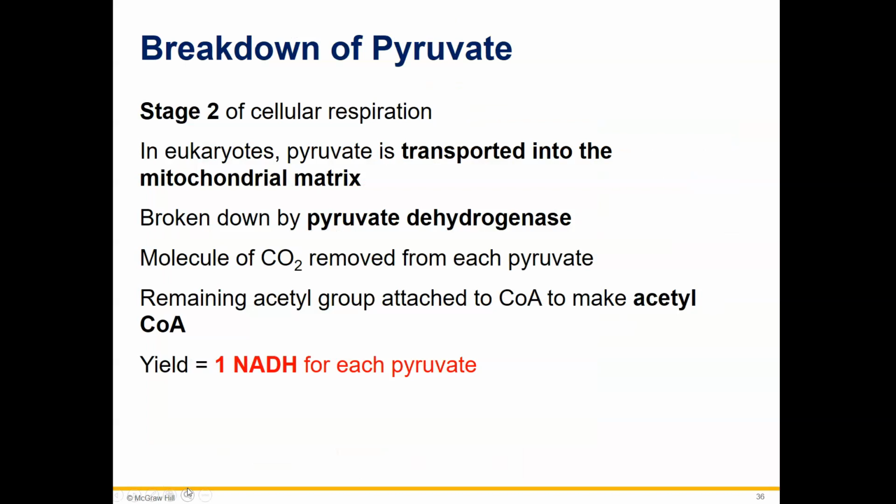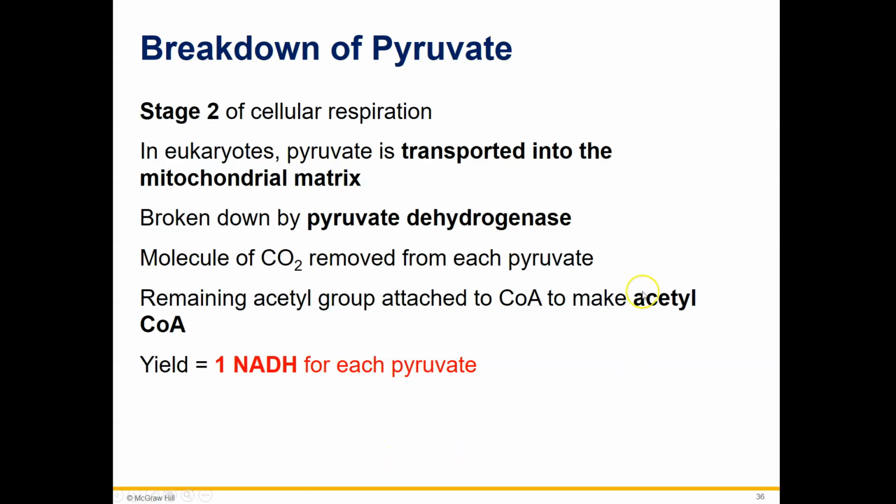So as we break down pyruvate, or sometimes you'll hear it referred to as the oxidation of pyruvate, which is really the second step of cellular respiration, what we're doing is, again, transporting the pyruvate into that inner mitochondrial matrix, and it's going to be broken down by a large enzymatic complex known as pyruvate dehydrogenase.